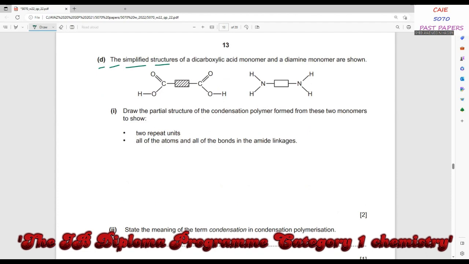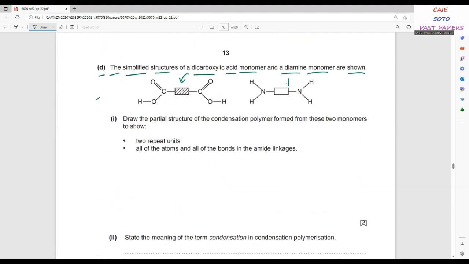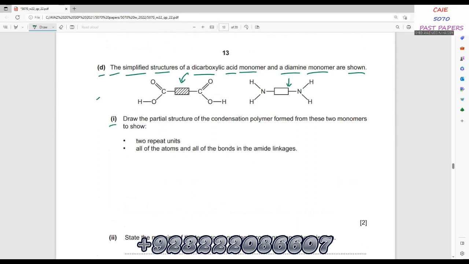D. The simplified structures of a dicarboxylic acid monomer and a diamine monomer are shown. This is the dicarboxylic acid, and this one is the diamine. Number one, draw the partial structure of the condensation polymer formed from these two monomers to show two repeat units, with all of the atoms and all of the bonds in the amide linkages. So you have to show two repeat units, which means two amide linkages. I will start with the dicarboxylic acid.